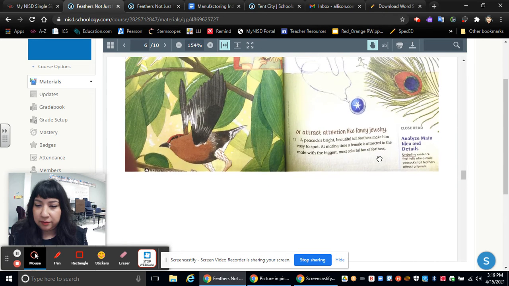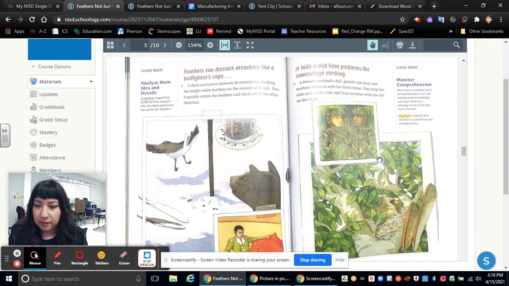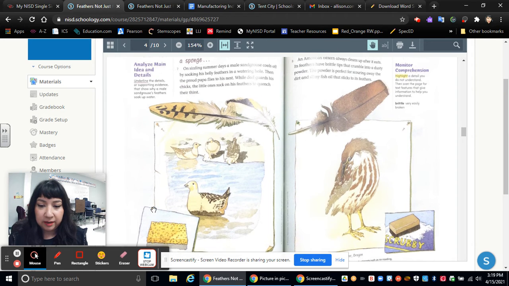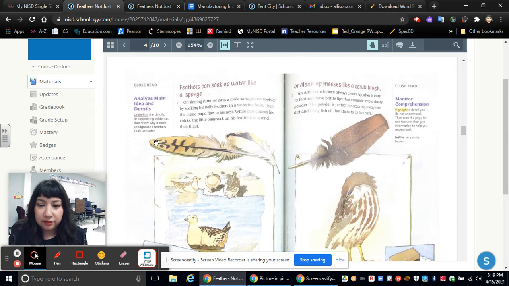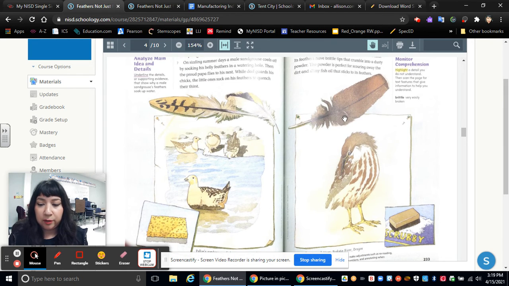What was the other one I just saw? From the beginning ones. Oh, the sponge. We have a picture of a sponge because we're saying that these feathers soak up water like a sponge or scrub like a brush.